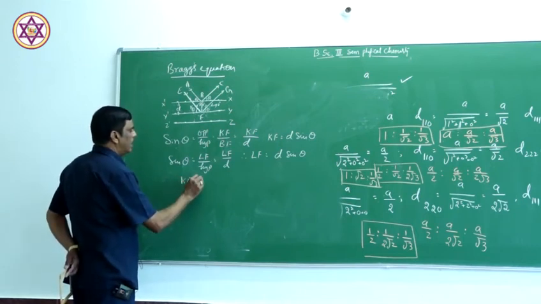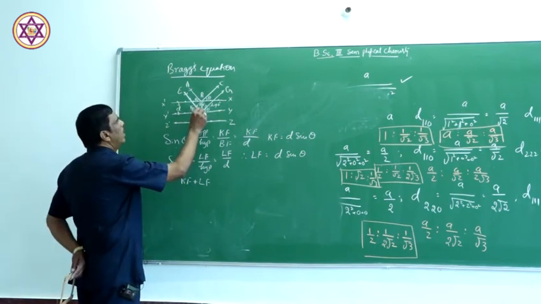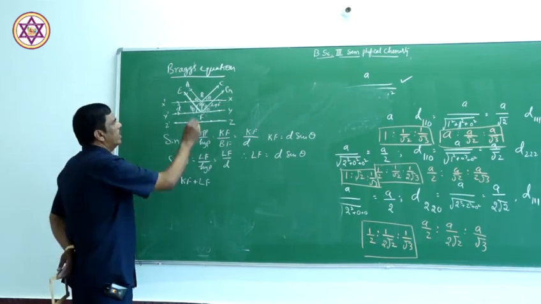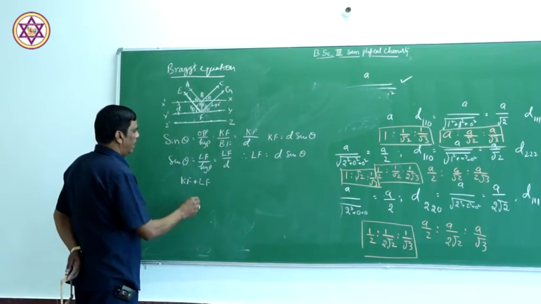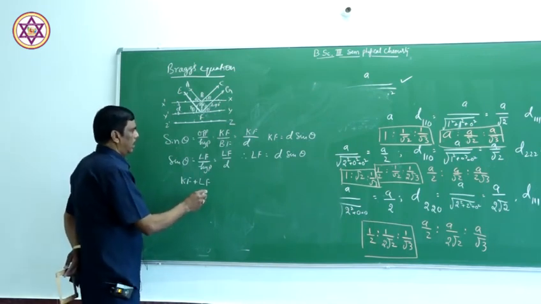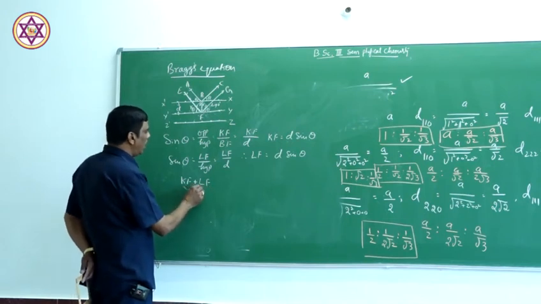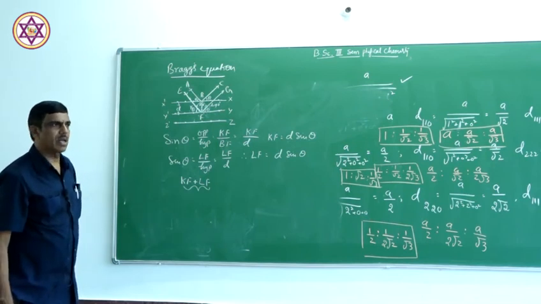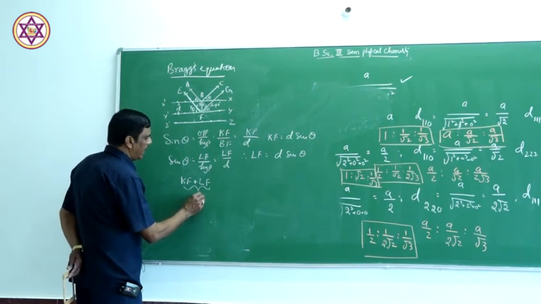KF plus LF is the extra distance, and a number of waves are in excess when compared to the first ray, and that is represented by n lambda. The total extra length, the extra waves travelled, is represented by n lambda.